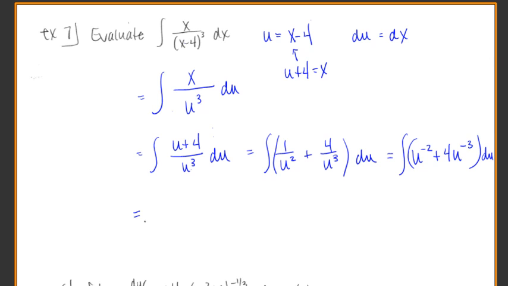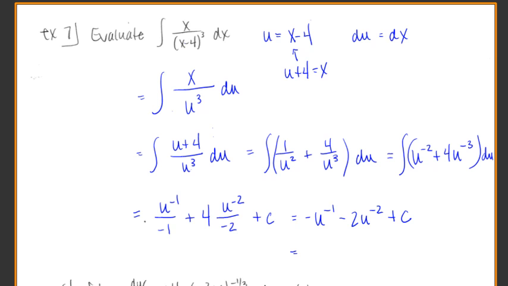Okay, so the integral of u to the negative 2 would be u to the negative 1 over negative 1 plus 4 times u to the negative 2 over negative 2 plus c. Let's clean that up. So negative u to the negative 1 minus 2u to the negative 2 plus c.